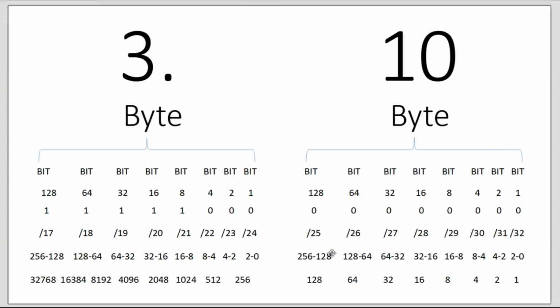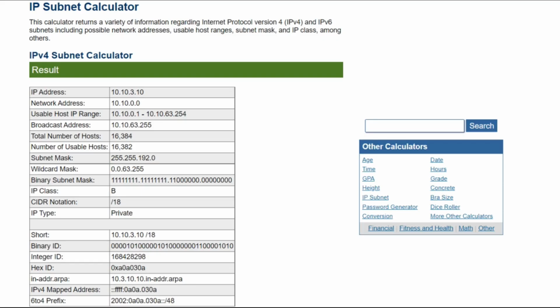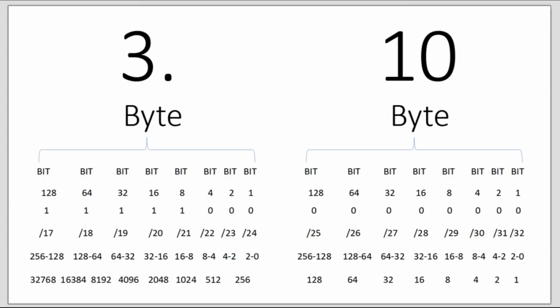In case you are in some environment where you don't have a subnet calculator, you have to do it by heart, only using your brain. You can do it only by knowing these specific network chunks. They're super important. This is the most important thing. These guys here, not the /17, /18, /19.